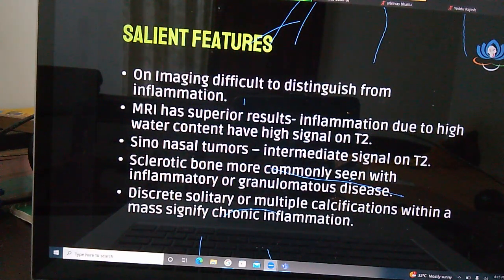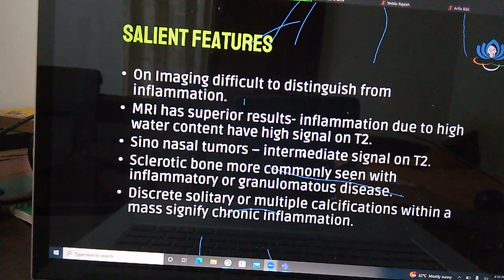So, what are the salient features of malignant lesions? Lesions of the sinuses are difficult to distinguish from inflammation, so MRI gives superior results. Inflammation, due to high water content, has high signal on T2 weighted images, so on MRI it looks brighter than malignant lesions. The sinonasal tumors show intermediate signal on T2 weighted images.